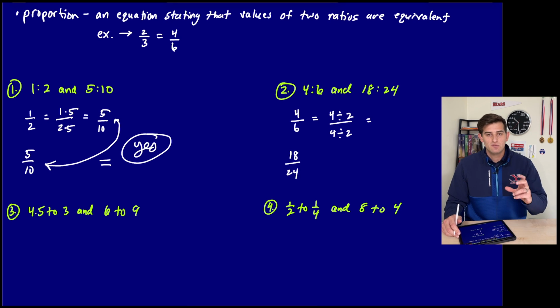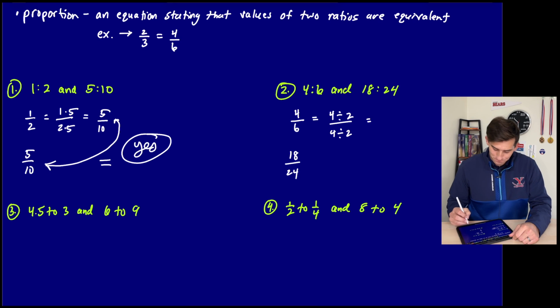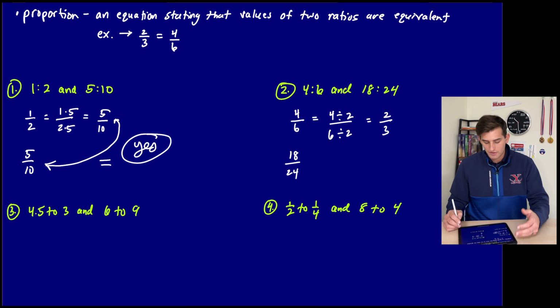So I know that's going to get me to my most simplified form of this fraction or of this ratio. So 4 divided by 2 would be 2, and this should be a 6 in the denominator. Let me fix that. And 6 divided by 2 would be 3. So we know that 4/6 is equal to 2/3. We actually saw that in our example ratio at the top.